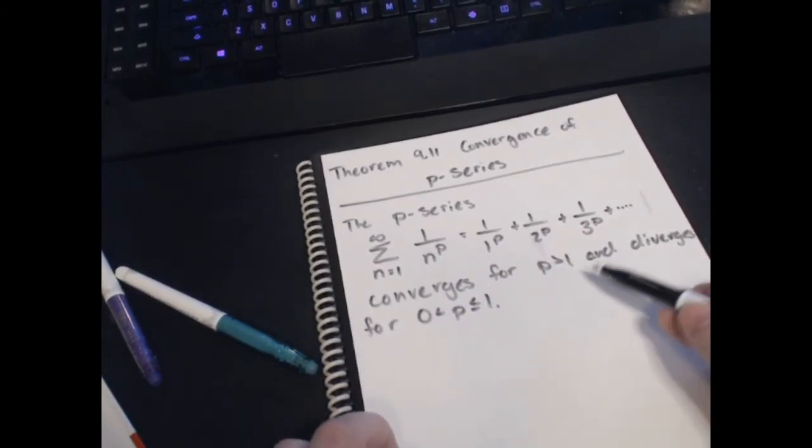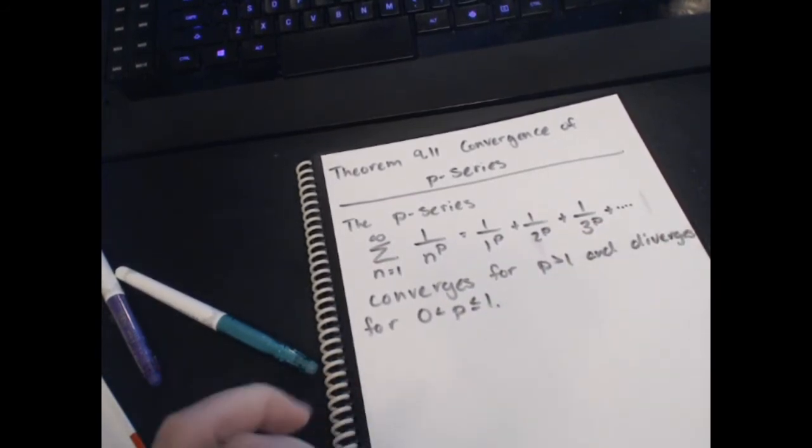So basically, if it's greater than 1, you converge. If it's a fraction, you diverge.